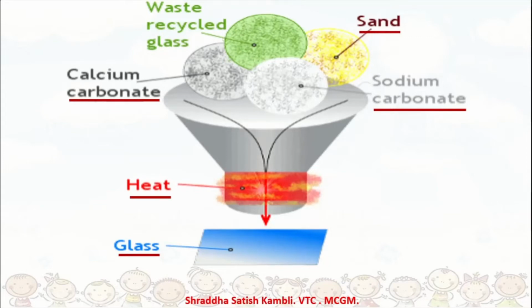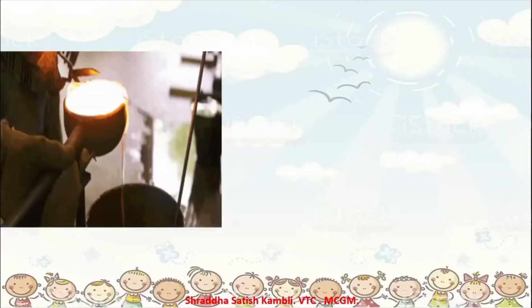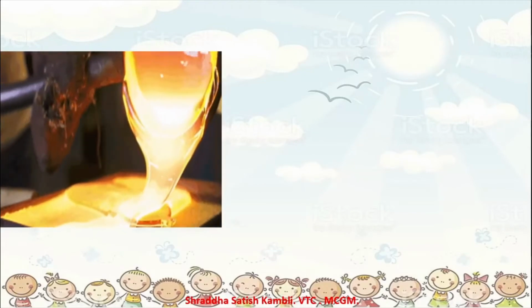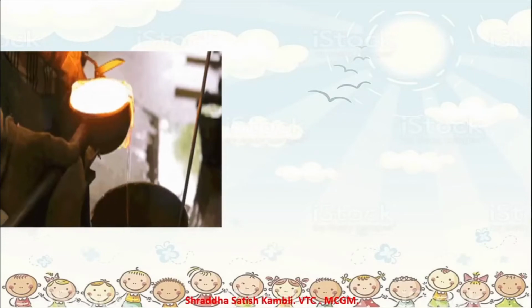So sand along with other chemicals are heated a lot. It is given a lot of heat. It is made very hot and thus sand turns slowly and slowly into glass. See, and it starts looking like this.